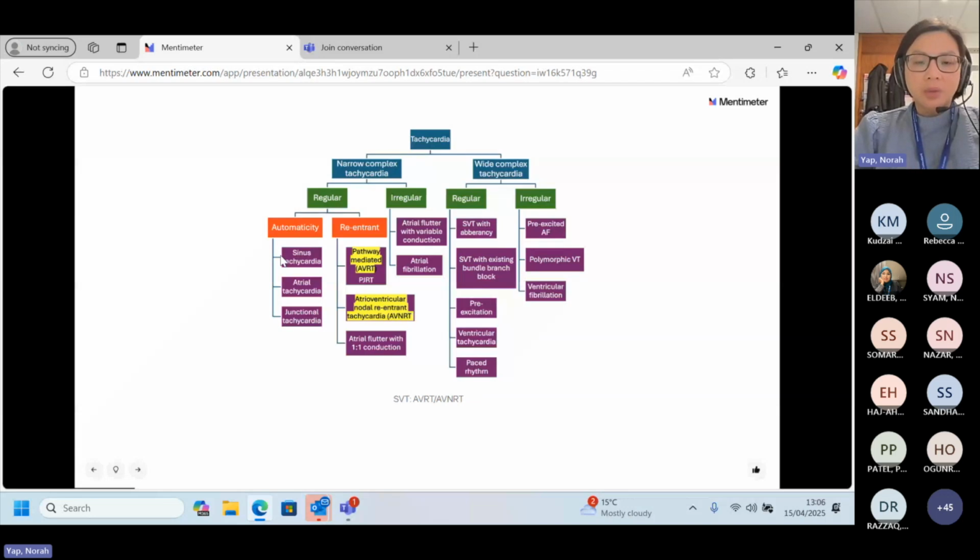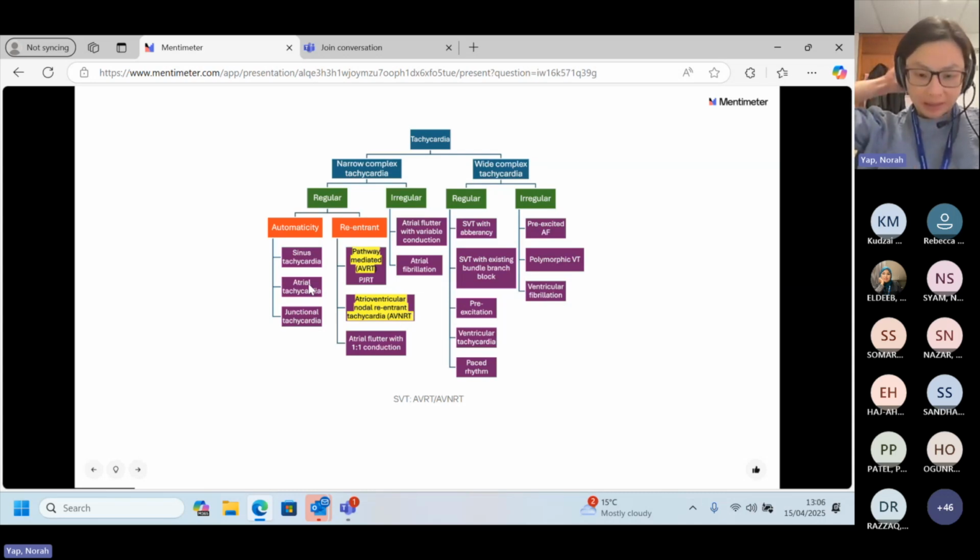So when we are talking about SVT, we are actually talking about reentrant mechanisms: the AVRT, which is an accessory pathway mediated tachycardia, and the AV nodal reentry tachycardia. For the rest of the abnormal tachyarrhythmia rhythms, we try not to say SVT for atrial ectopic tachycardia, junctional tachycardia, and so on and so forth.